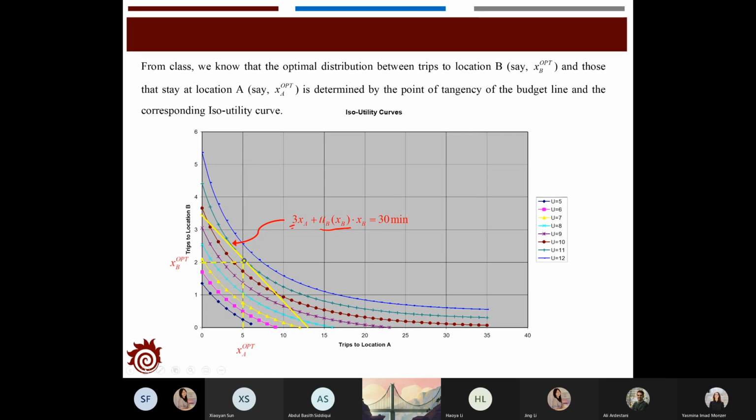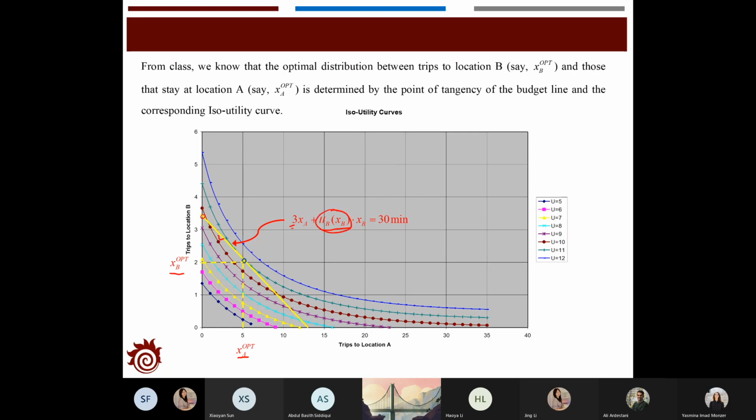Start from this Isotd curve. If you have the budget constraint, you will find out in the Isotd curve which one will be tangent to the budget line. And at the tangent point, you will have the optimal values for the 2 activities, XA optimal and XB optimal. And the slope and also the intercept to the y-axis will help you to determine the value of TTB.